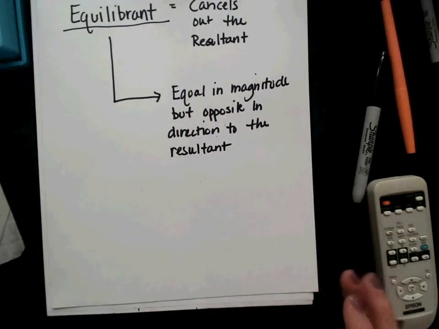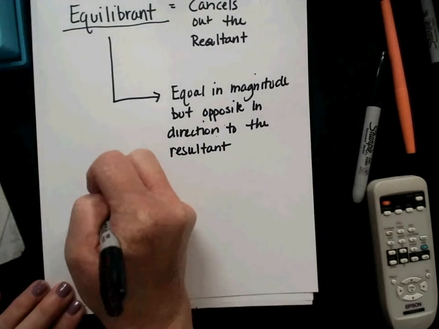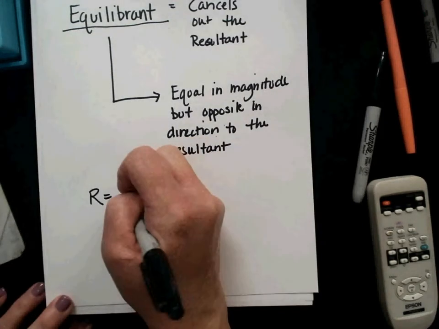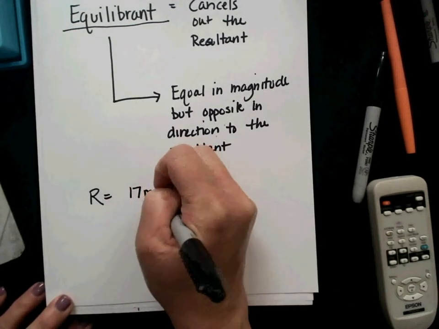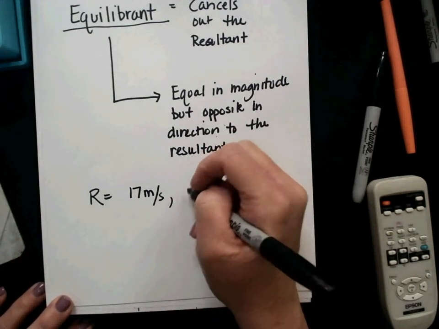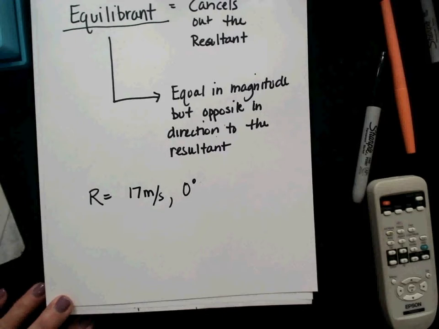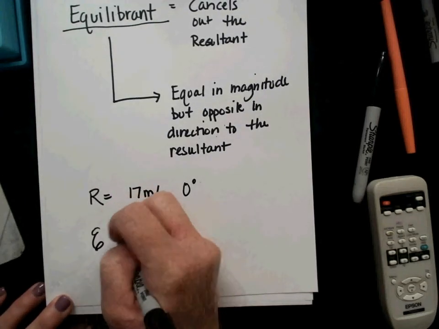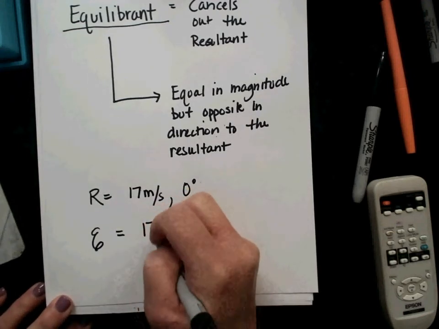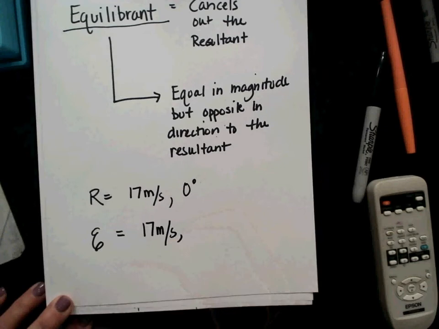So let's say R equals, I'm just going to make something up here, 17 meters per second at 0 degrees. Then my equilibrant would have the same magnitude, 17 meters per second, in the opposite direction.